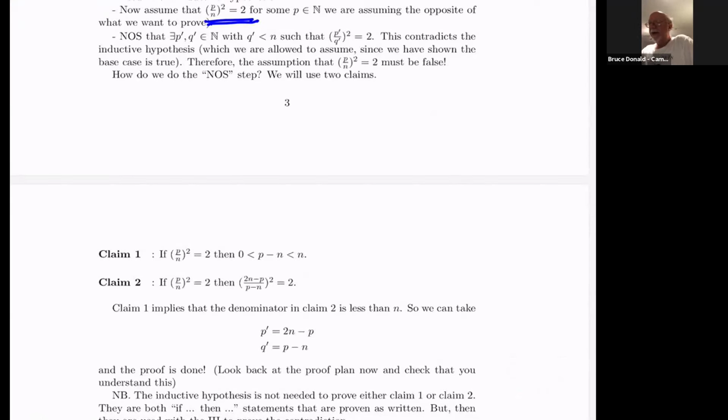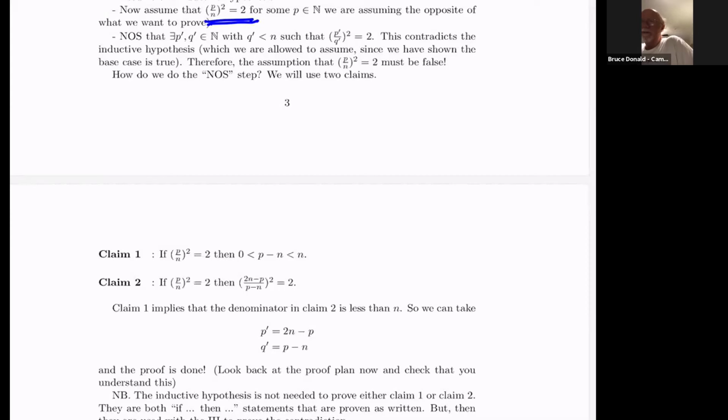It says if p over n is a square root of 2, then there's another square root of 2. And it has this strange formula here. But when you put these together, it means that this other square root of 2, whose existence is implied by p over n being a square root of 2, this other strange thing here actually has a denominator less than n. And that's what's going to provide our contradiction.